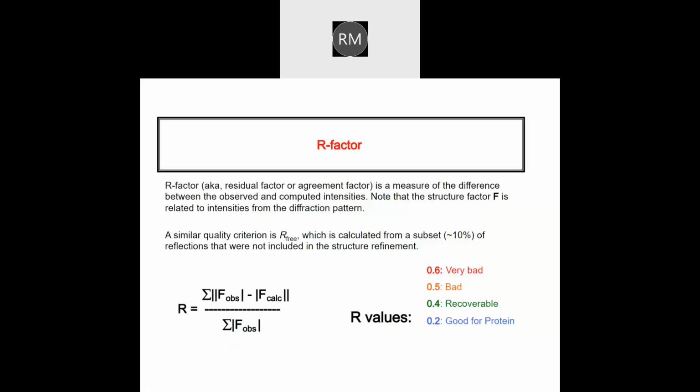There is another factor called the R factor, reliability factor or residual factor, which tells us how good your structure is. For example, 0.2 is good, 0.4 is manageable, and if the R factor is 0.5 or 0.6, they are very bad structures and one cannot believe the model.